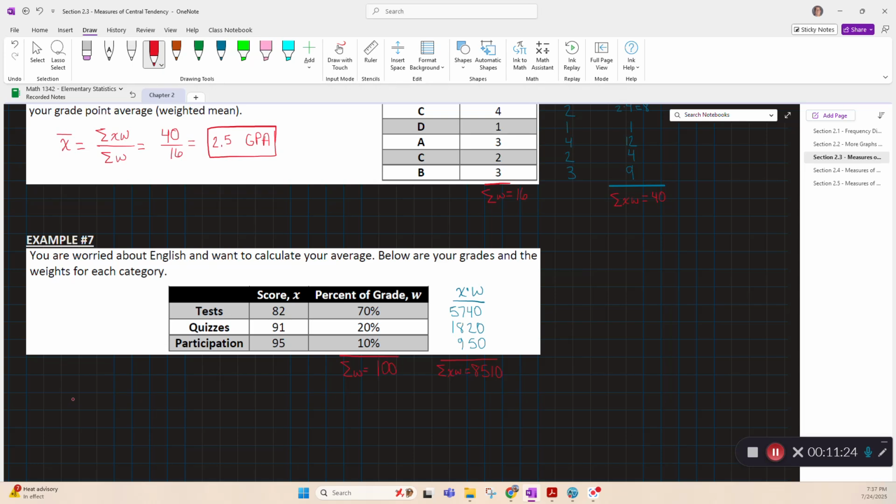So then your average would be the sum of XW divided by the sum of the W's. So 8510 divided by 100 is going to get you 85.1.